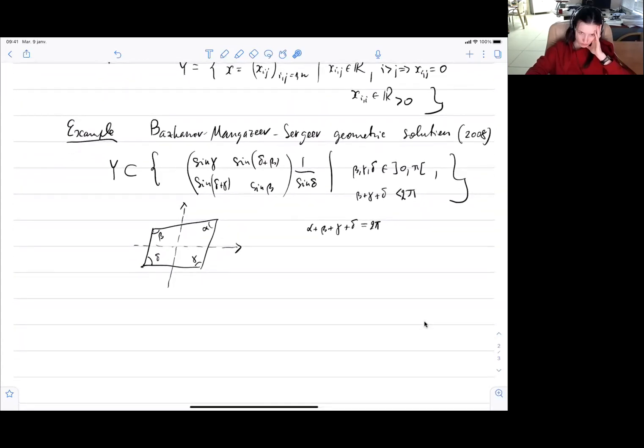But now what do we do next? First of all, this quadrilateral is defined up to overall scaling. And actually, I define it up to scaling in 2 directions. So what do I mean?